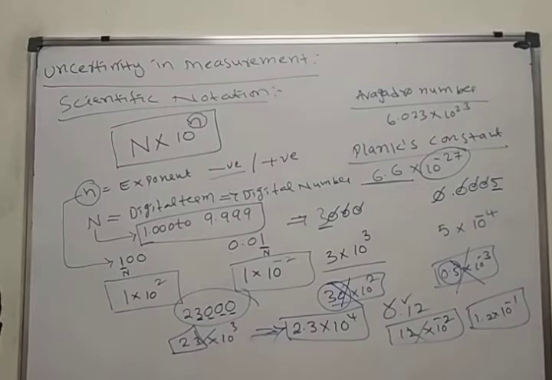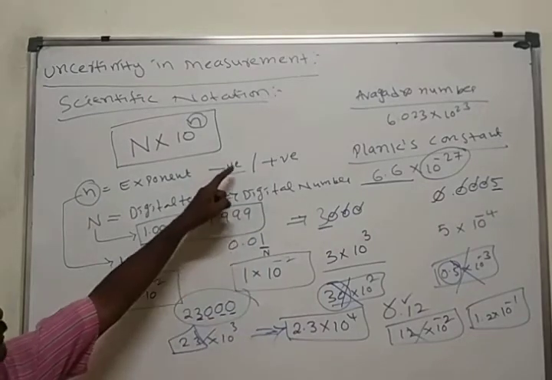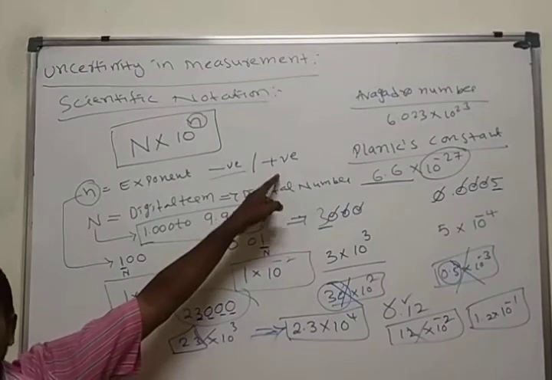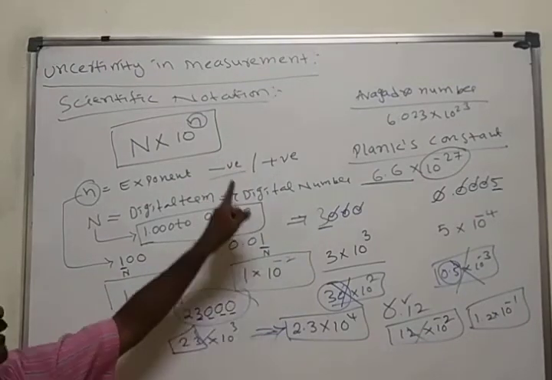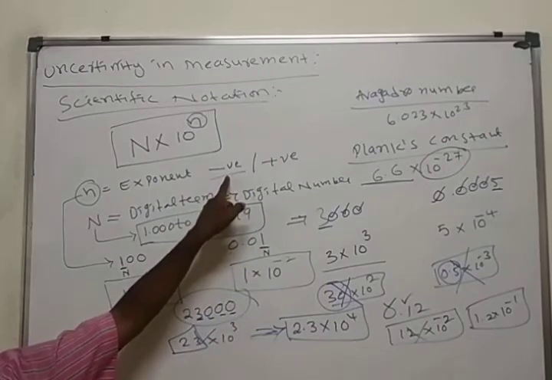Okay, here if zeros or numbers are present on the right side of the digital term, after the digital term, we use positive. Before the digital term, we use the negative. Exponent should be negative.